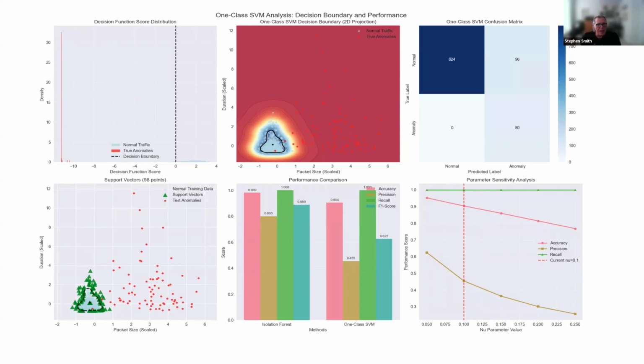Support vectors define the boundary, right? Fewer points is more efficient. If you look at this lower left, support vectors: 98 points, those green triangles, are all the support vectors. We've got a lot of them because we've got this blob, but you can see this is packet size and duration. Down here in the left-hand corner, surrounded by the green triangles, which show the decision boundary, tells you what a normal packet size and duration pair are together.